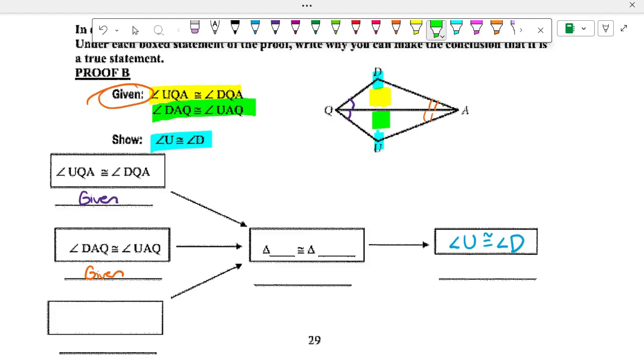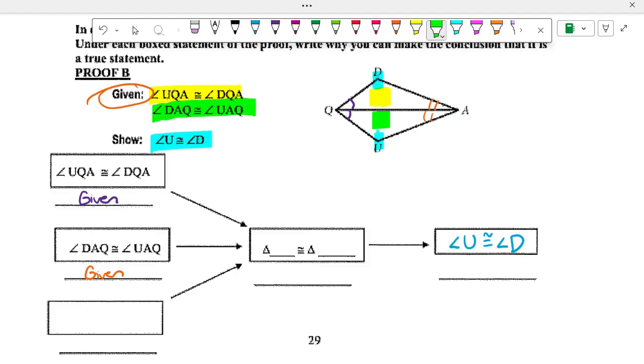Which two could it possibly be? Like, actually say the name. So the triangles can either be congruent by what two postulates? Angle side angle is one of them. What's the other one it could possibly be congruent by?